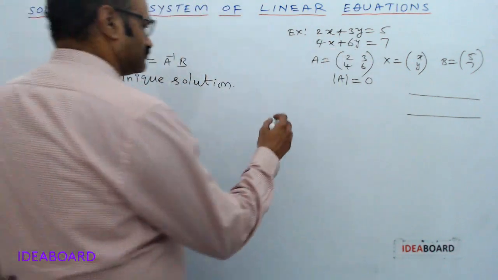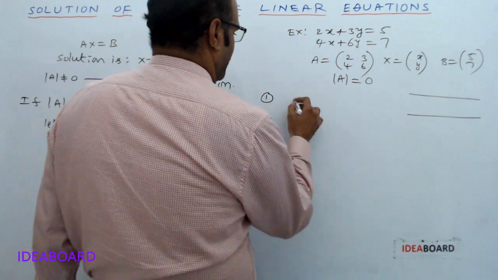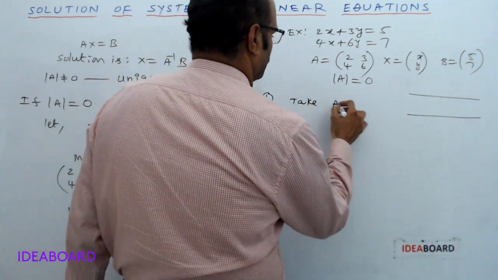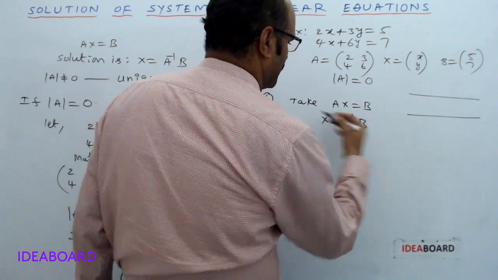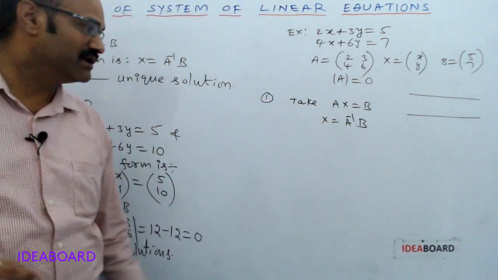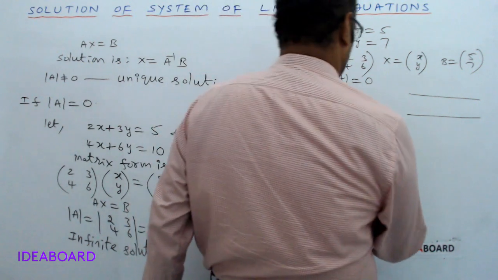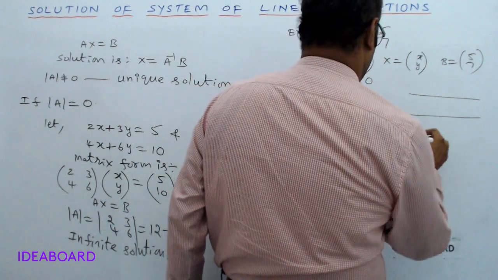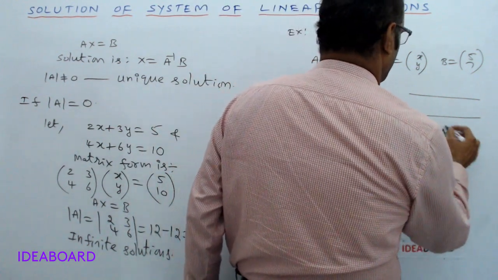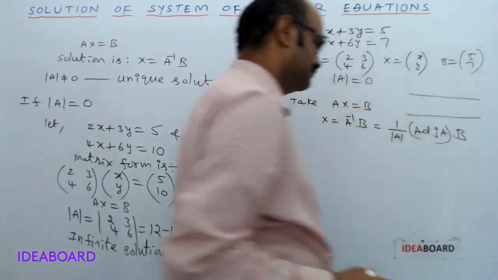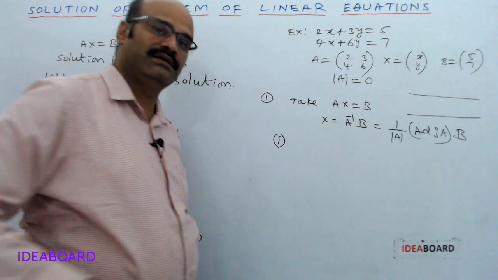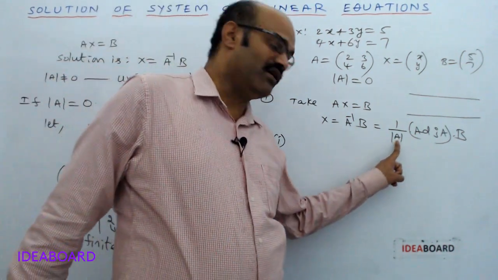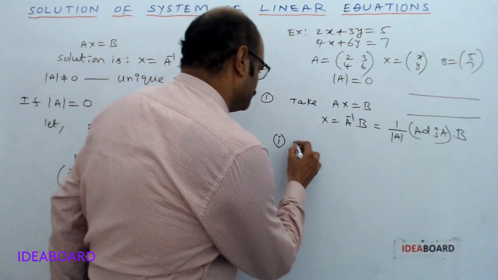So now take Ax equal to b. It implies we have x equal to A inverse into b. We know that A inverse equal to 1 by det A into adjoint of A, into b. Now, case 1 is if det A not equal to 0.